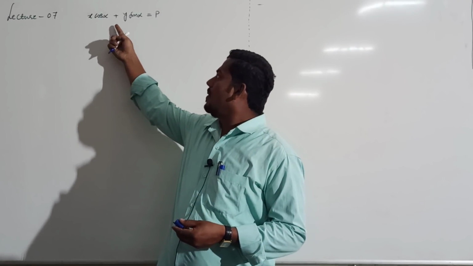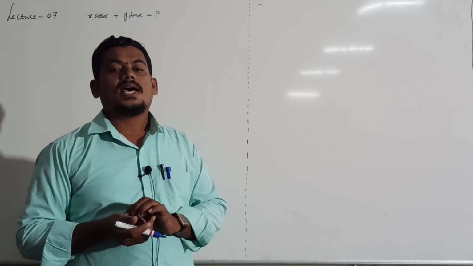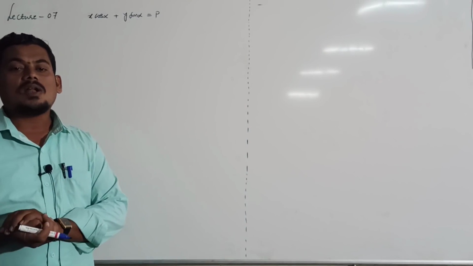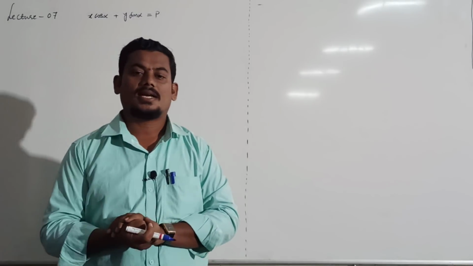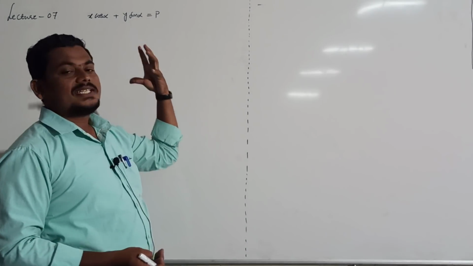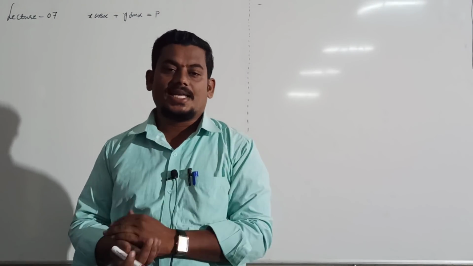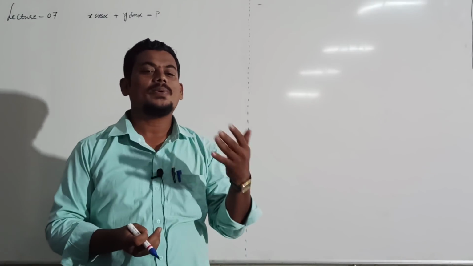This is known as the equation of the line in normal form. This is the normal form of the equation of the straight line, right? Here p is the perpendicular distance between the origin and the line, and alpha is the angle made by that perpendicular with the x-axis.